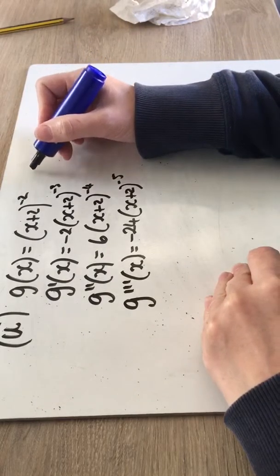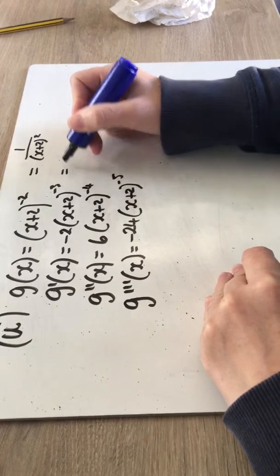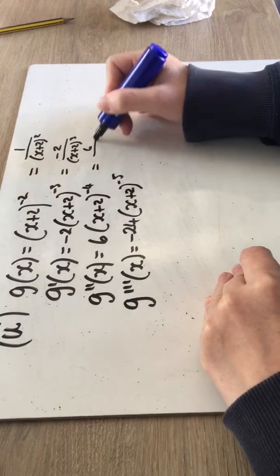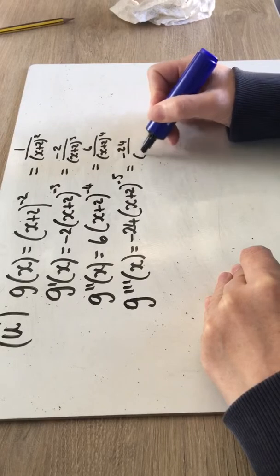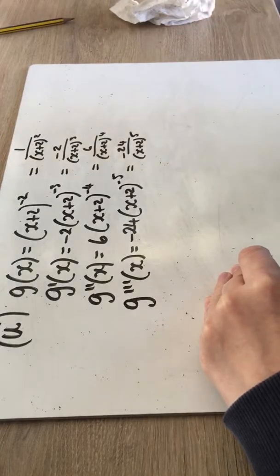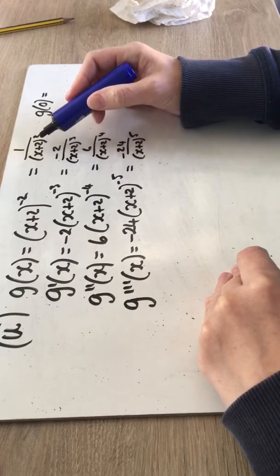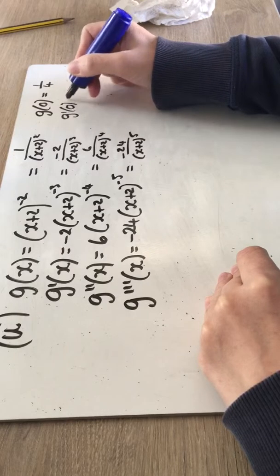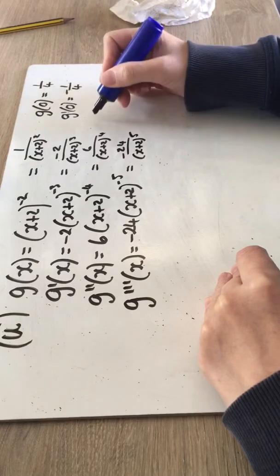Now we're going to substitute 0 into all of these, so if we rewrite them with positive powers, it makes the substitution much easier. So just rewriting everything with a positive power gives us that. So g of 0, well, the bottom line is going to be 0 plus 2, 2 squared 4, so that's going to be a quarter. 0 plus 2 is 2, 2 cubed is 8, so that would be minus 2/8, which simplifies to minus a quarter.